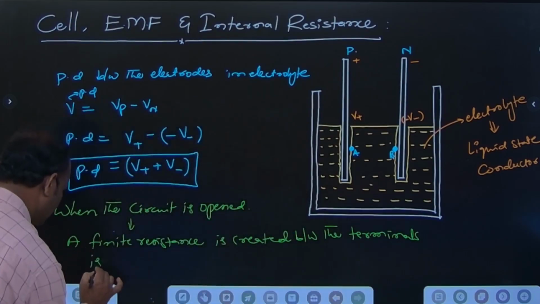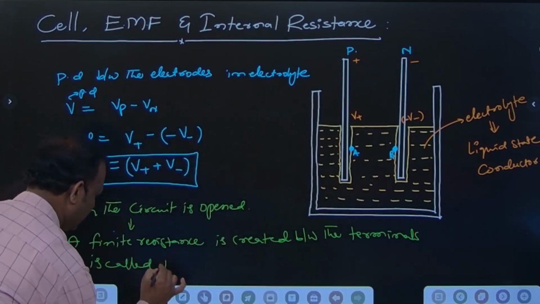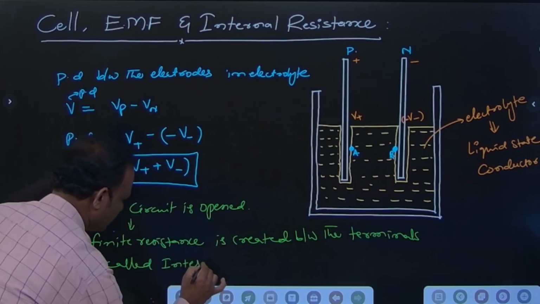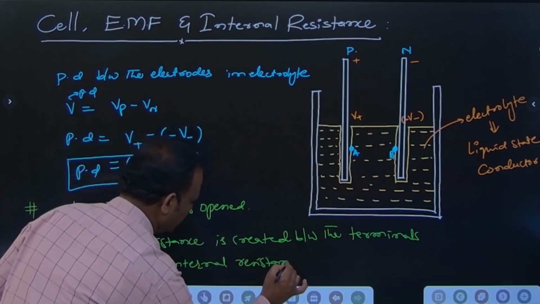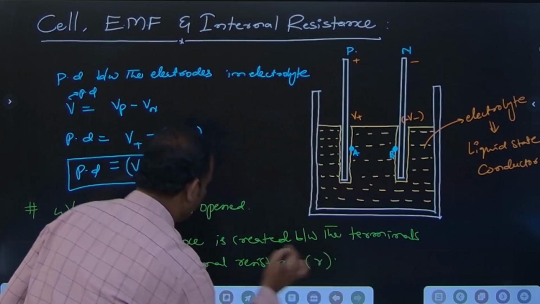It is called internal resistance. Internal resistance is denoted by small letter r.